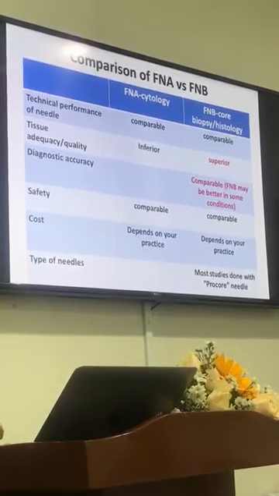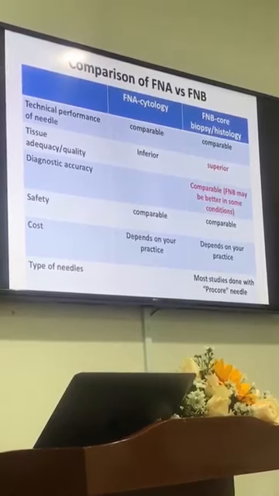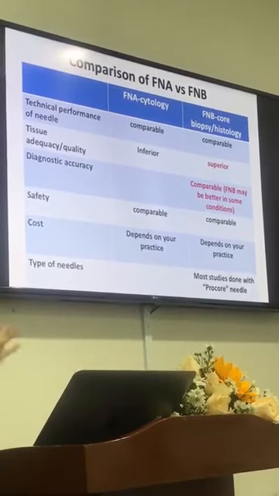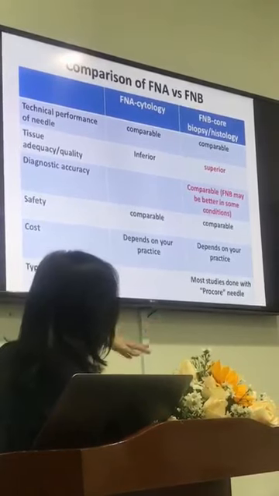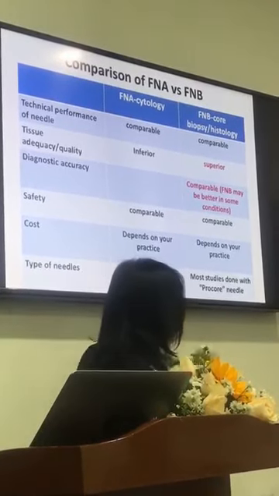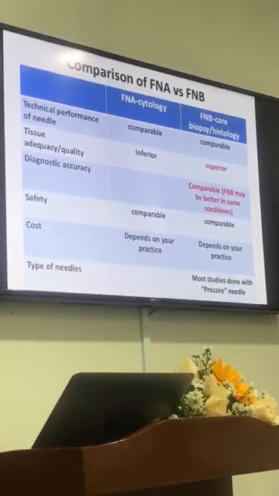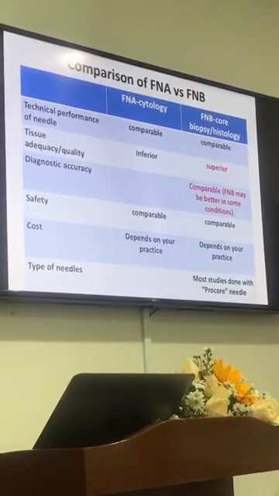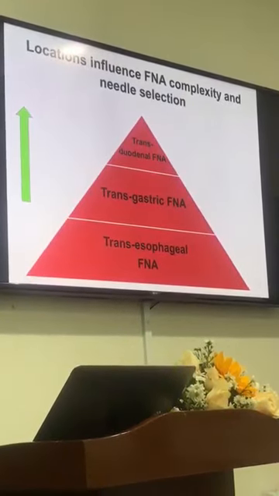Safety is the same. Cost really depends on where you practice. There are different types of FNB needles, but most FNB studies were done with ProCore. But right now, we're doing more studies with different types of biopsy needle.